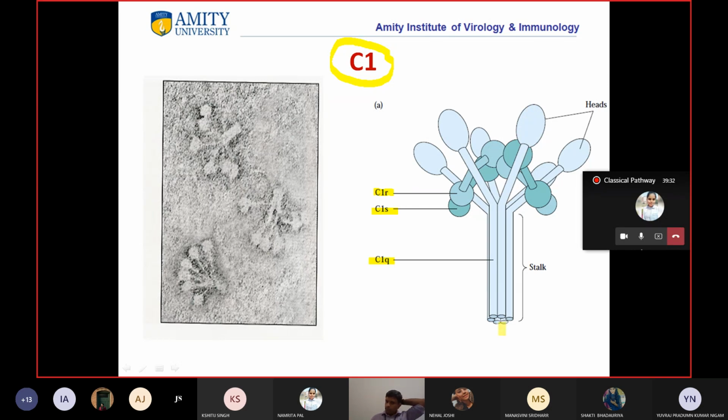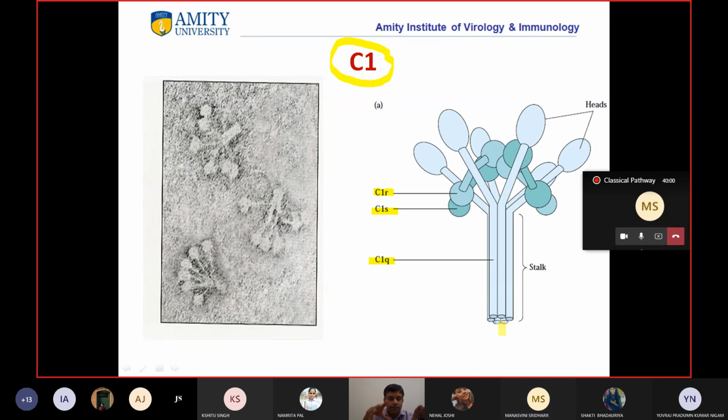Students, where will C1 bind? The antibody, yes.